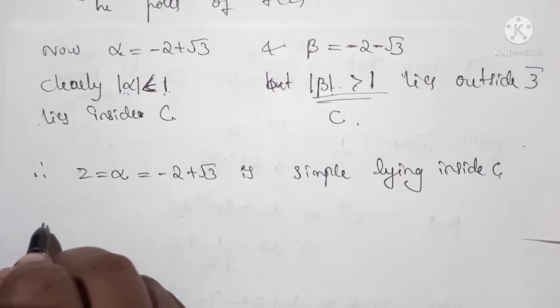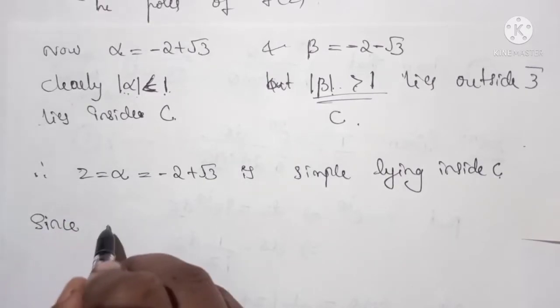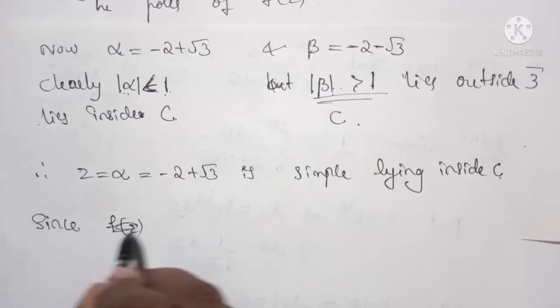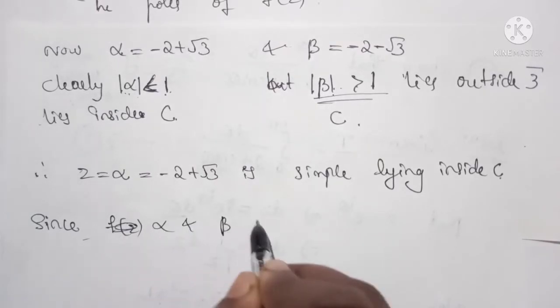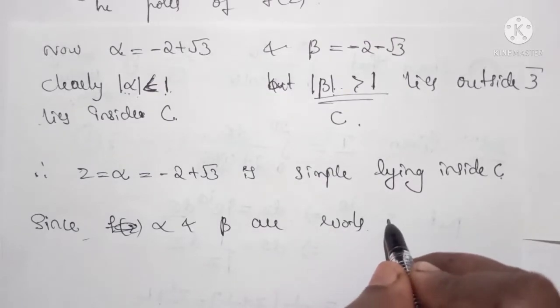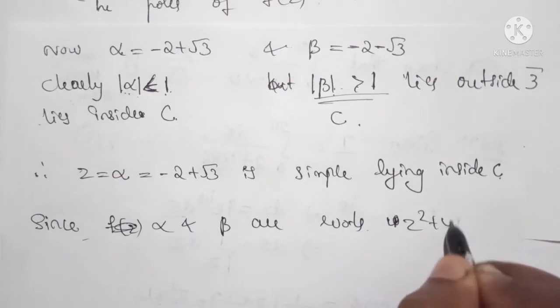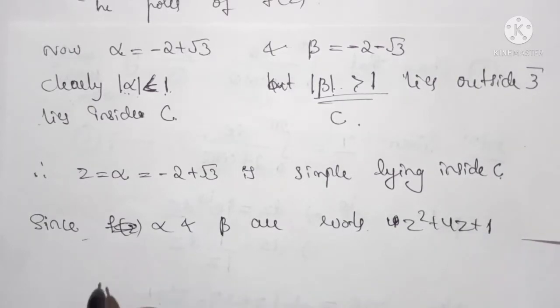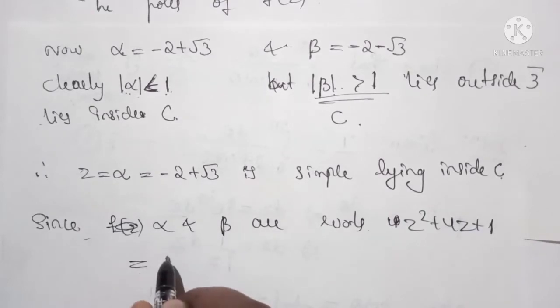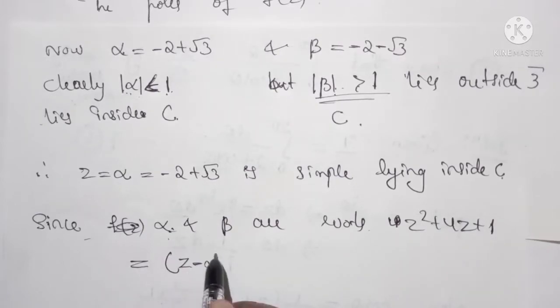Now, before finding this, since alpha and beta are roots of the quadratic equation z square plus 4z plus 1, they can be represented as z minus alpha, z minus beta.